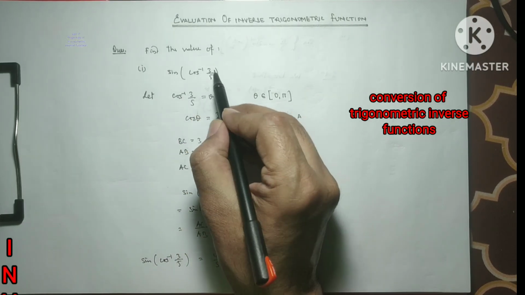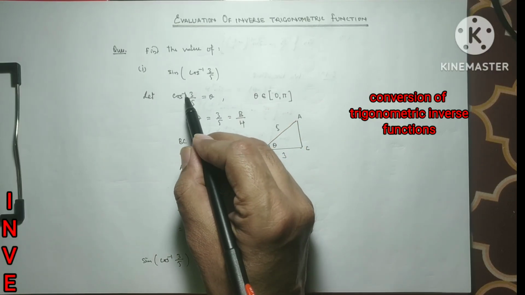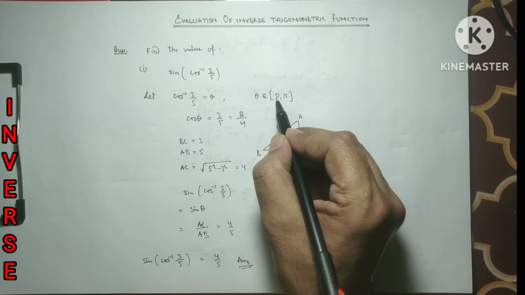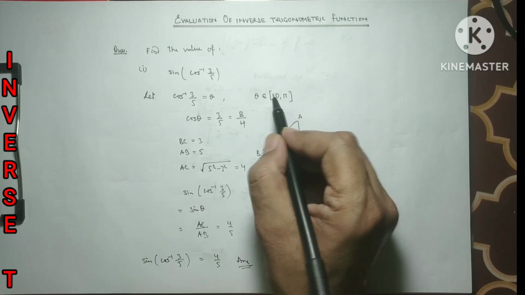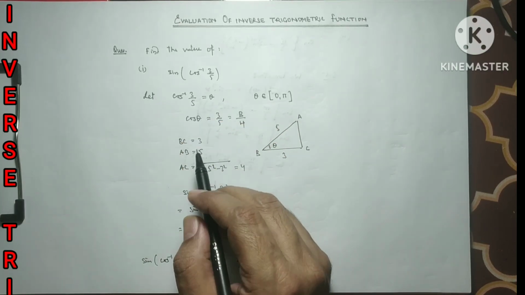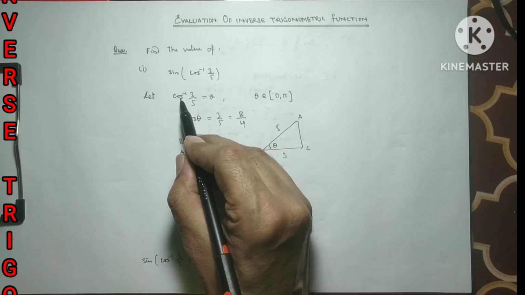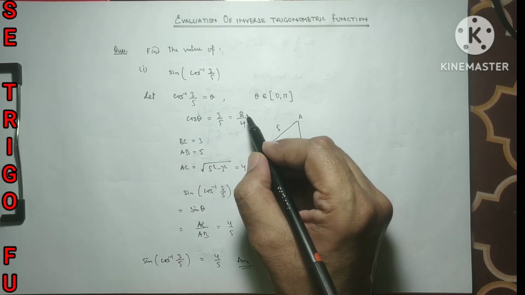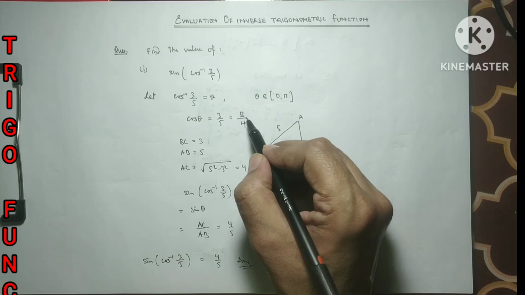So let us consider this cos inverse 3 by 5 as theta, and theta lies between 0 to pi because it is cos inverse. Right now cos theta is 3 by 5 and cos theta according to trigo is b over h.